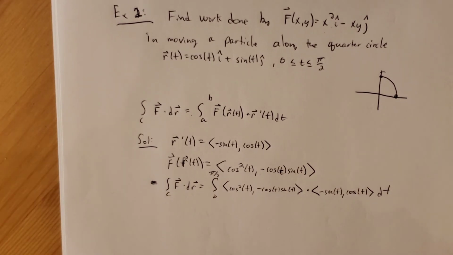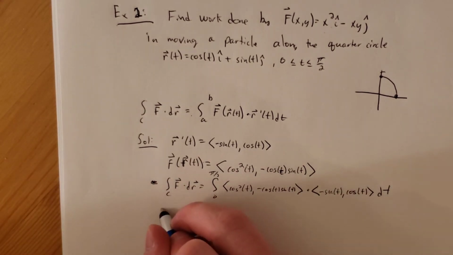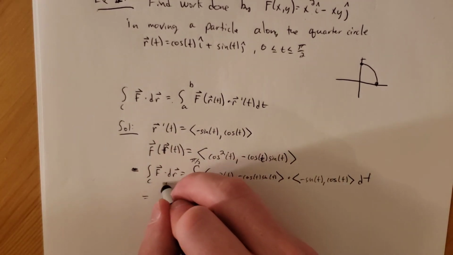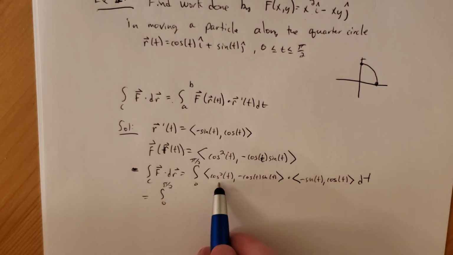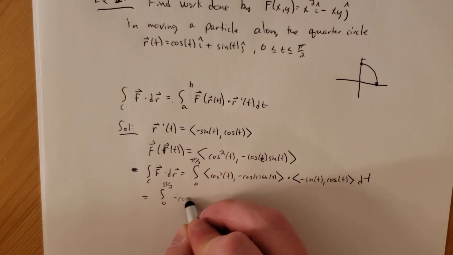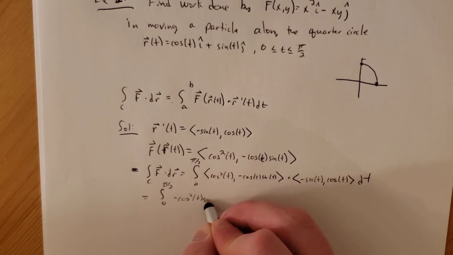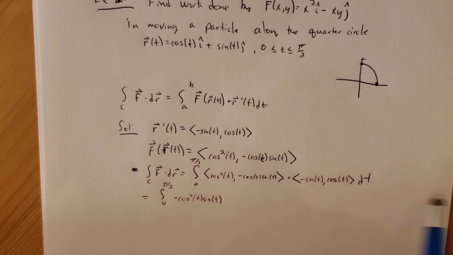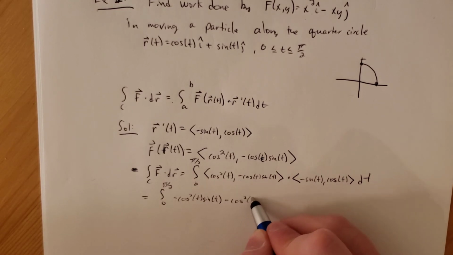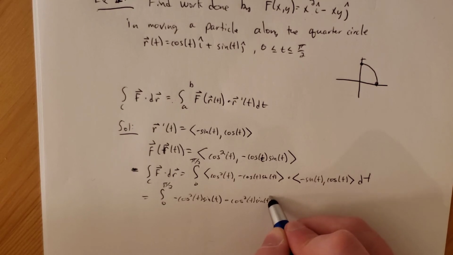Okay, well, let's do that calculation then. This is the integral from 0 to pi over 2, and we do the dot product. That is cosine squared of t times negative sine of t, so it's negative cosine squared of t sine of t, plus the second coordinates multiplied together, so it's a negative cosine squared of t sine of t, dt.